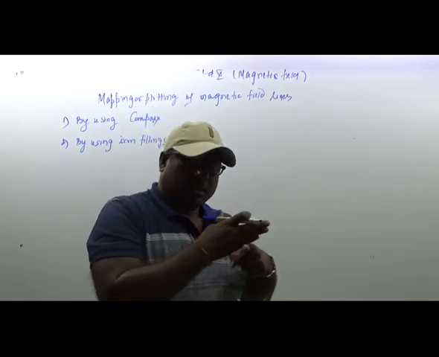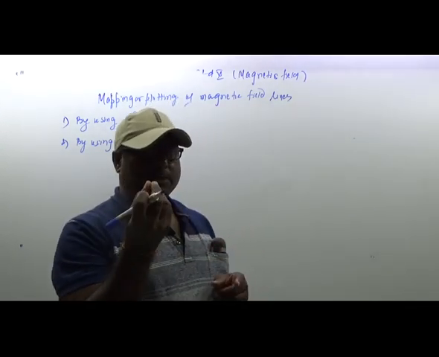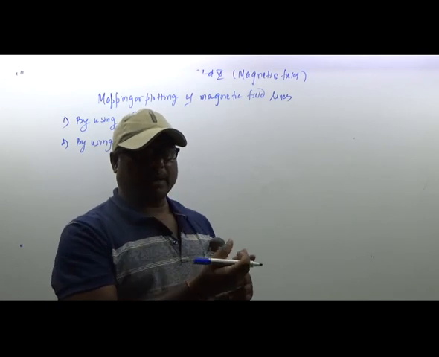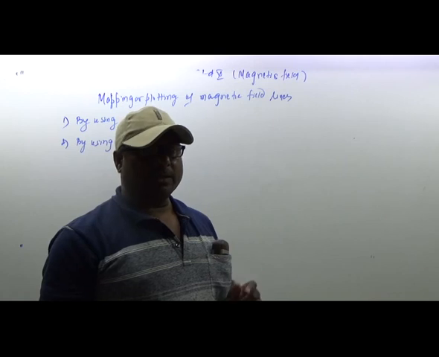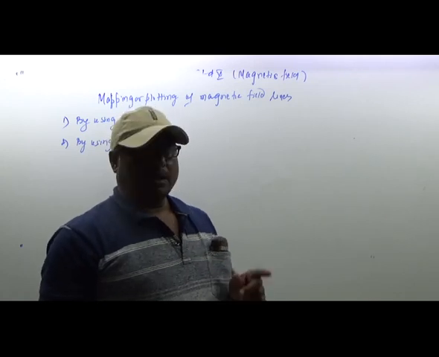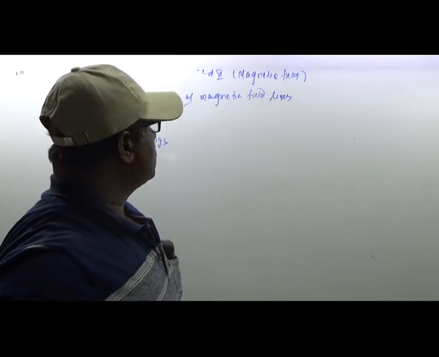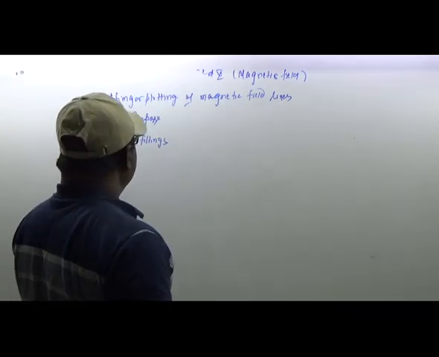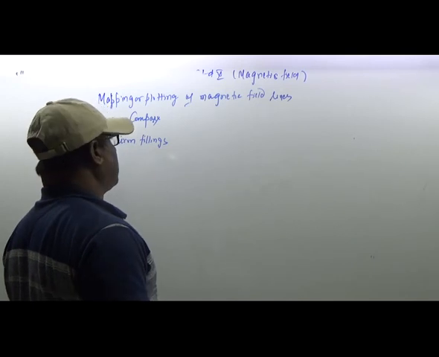When you cut the iron, you will see that some small pieces of iron are coming out. And that is iron filings. In laboratory there is like that. So first we have to see the mapping of magnetic field lines by using compass.